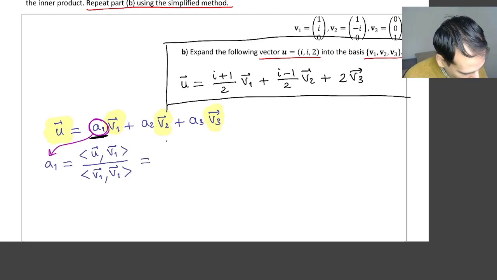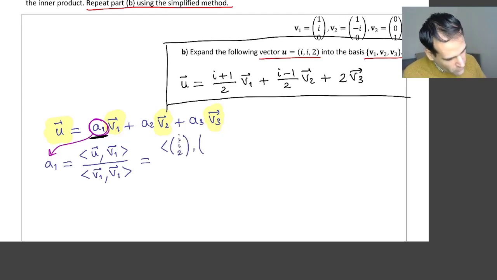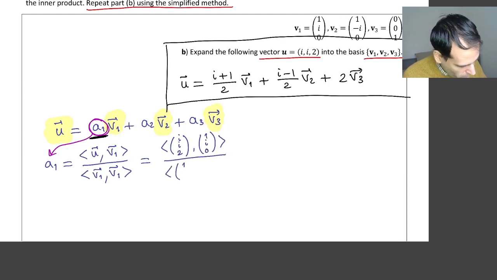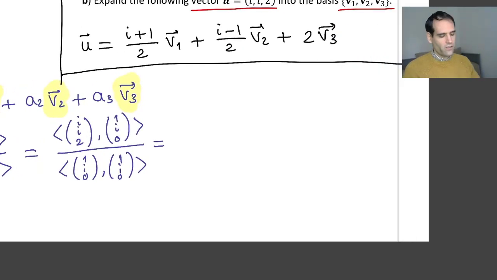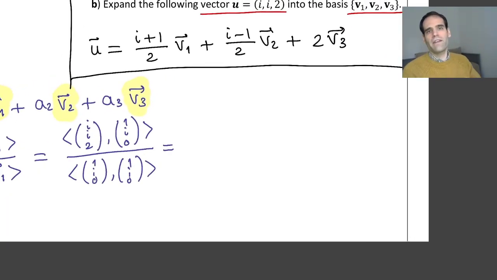So that's the inner product between the vector u, which was i, i, 2, and the vector v1, which was 1, i, 0. And we have to divide that by the inner product of v1 with itself. Now instead of using the dot product notation, I'm going to directly write the result. It's the first element times the complex conjugate of the second element.